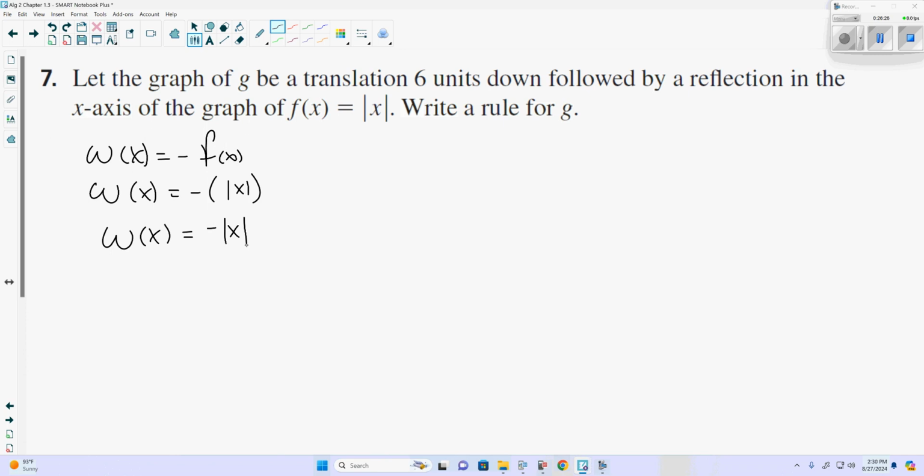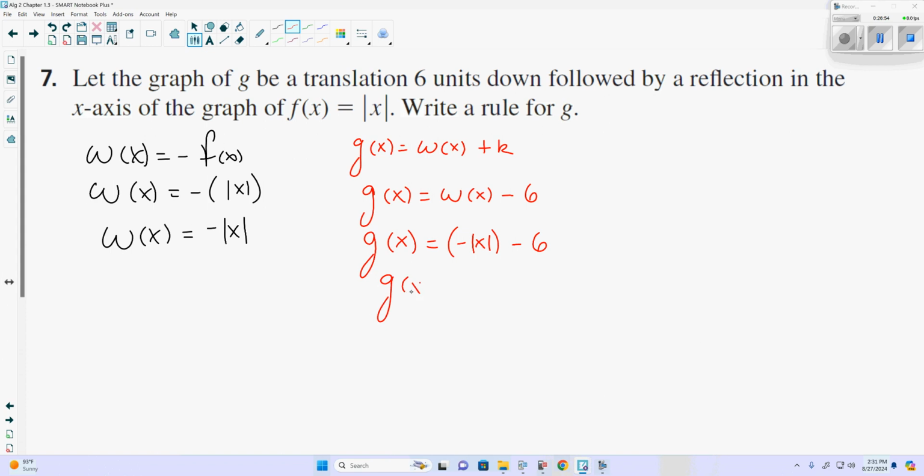All right. Translation of 6 units down. So that would tell us that our g of x is equal to w of x plus k. We already said our k value is negative 6, so we'll plug it in. Now at this point here, we'll replace w of x with its function.